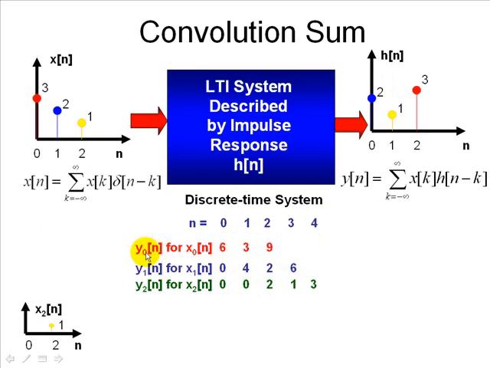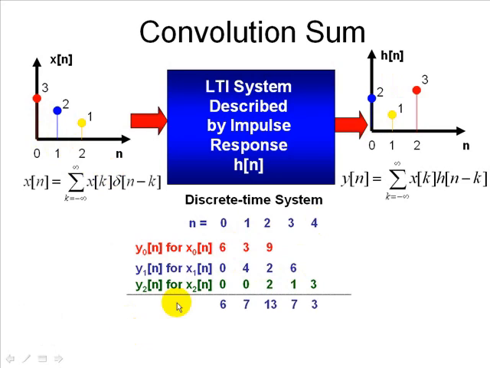So these are the three outputs as a result of these individual impulses located at 0, 1, and 2. Adding these, due to the superposition and linearity property associated with this system, we get 6, 7, 13, 7, and 6 at the corresponding n right here.